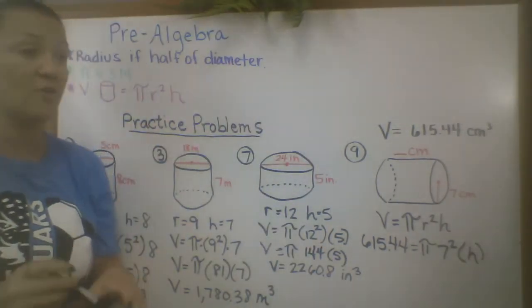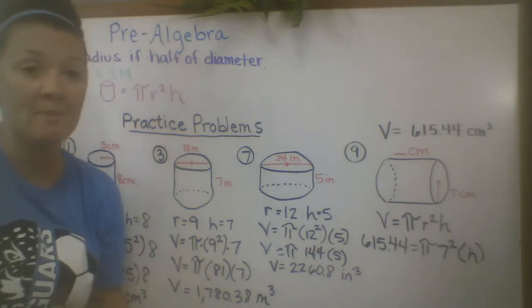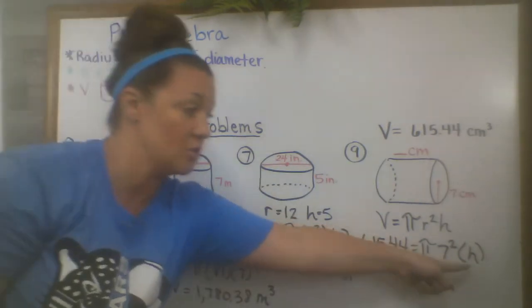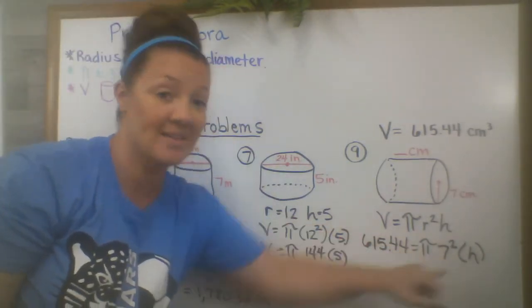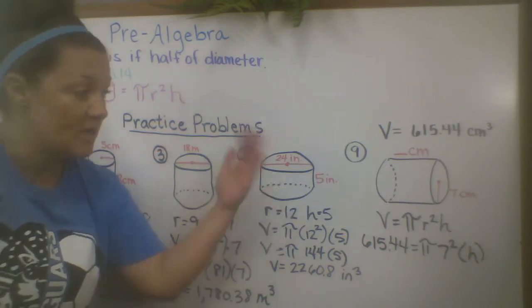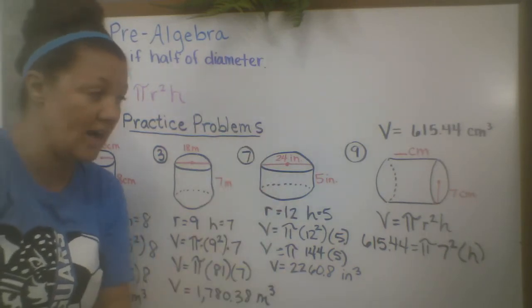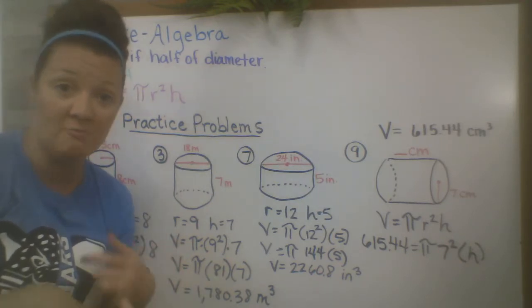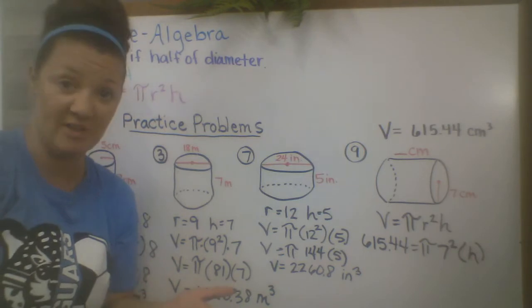And remember, from our 1, 2-step, and multi-step equations, you have to get it down to where you can solve for h. So right now, pi and 7 squared are in our way. So we're going to make sure that we get to the end here so that we can solve for height, but also remembering that the opposite of multiplication is division. Good.